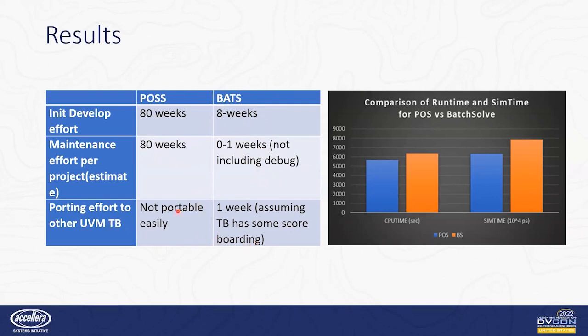If the testbench has some kind of scoreboarding, then BATS can be easily ported over in a week. However, when we ran BATS, the test runtime and the sim time both increased by 10 to 15%. This is caused by the solver runtime and also the batching scheme.